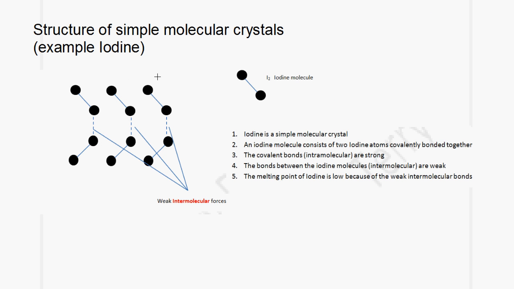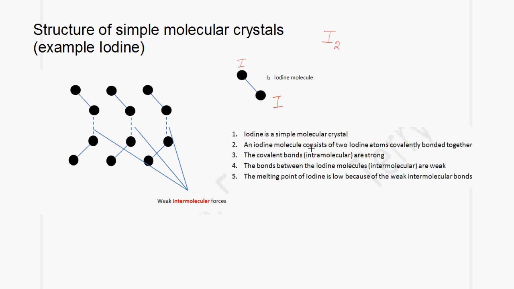Let us now look at the structure of simple molecular crystals. And the example we will be using is iodine. Now, iodine exists as I2, which means that we have 2 iodine atoms joined together by a covalent bond. Now, iodine is a simple molecular crystal.